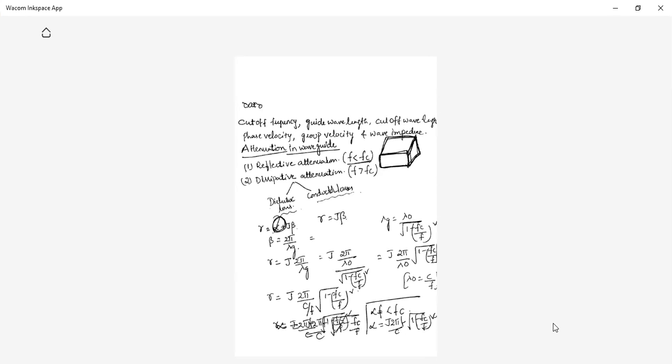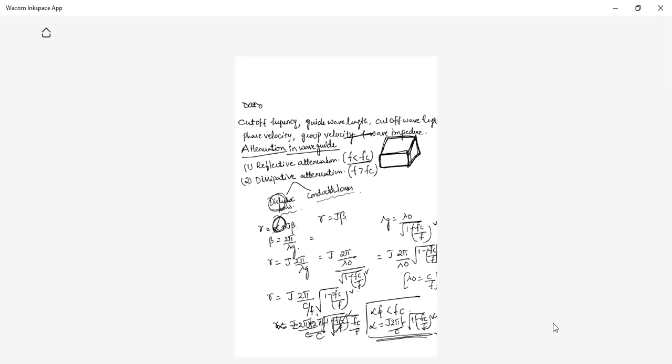This is the reflective attenuation. It's not about the dissipative attenuation we are talking about. Reflective means when the frequency f is less than fc, you are going to get a real part. That real part is nothing but alpha. So we can write alpha is equal to this expression, the reflective attenuation.